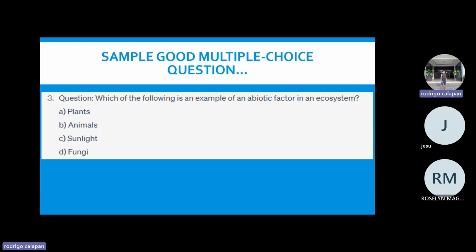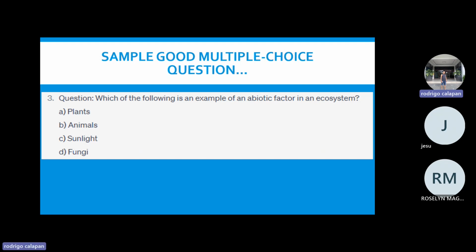So another sample question. Which of the following is an example of an abiotic factor in an ecosystem? Plants, animals, sunlight, fungi. So this question assesses students' understanding of abiotic and biotic factors in an ecosystem.